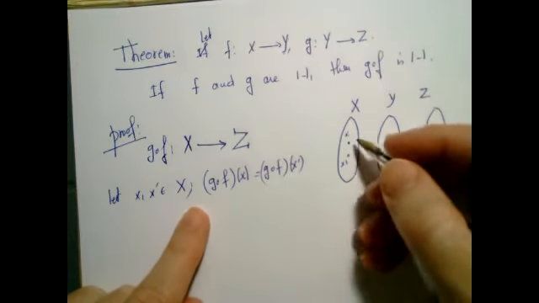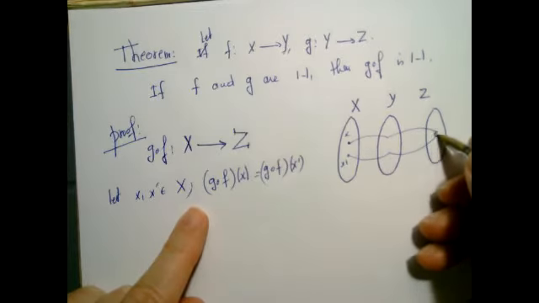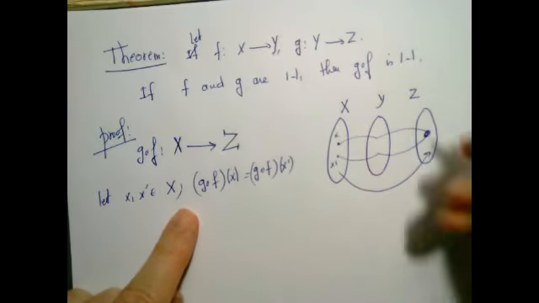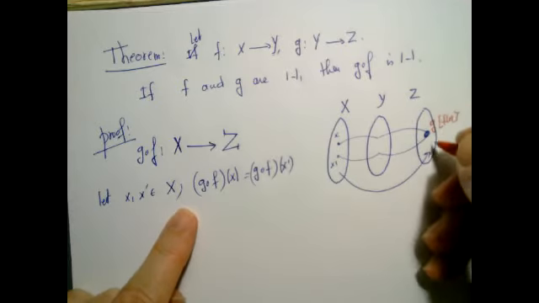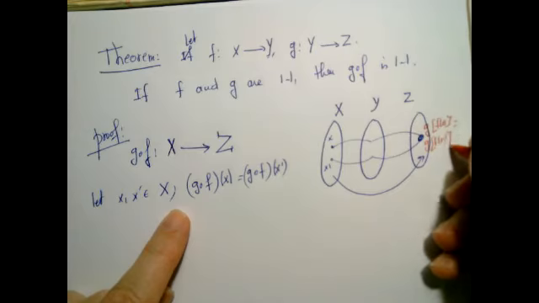Let's take two elements such that G of F of x is the same as G of F of x prime.